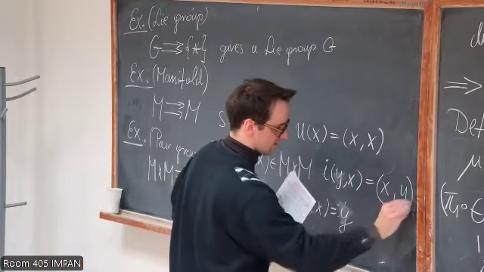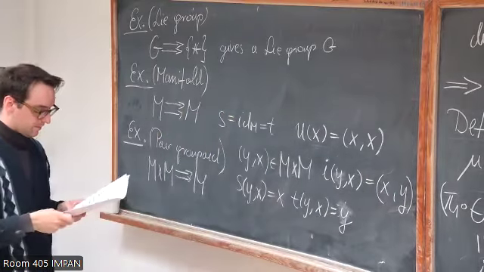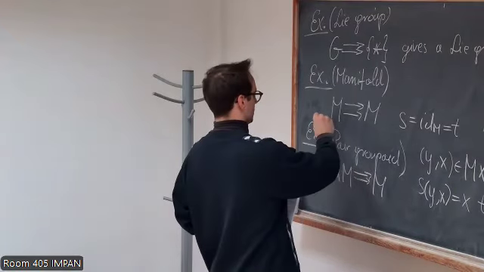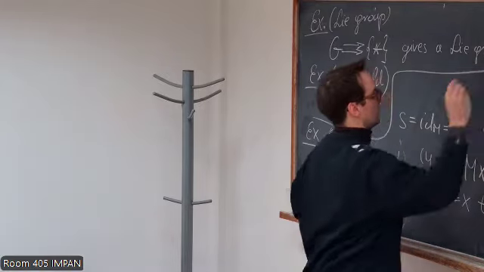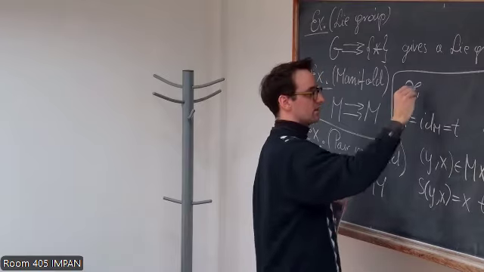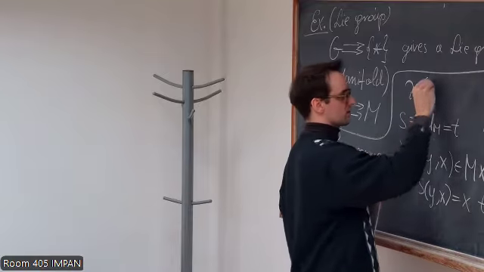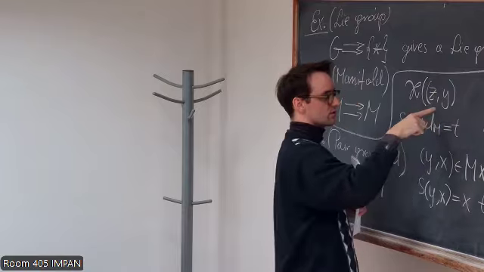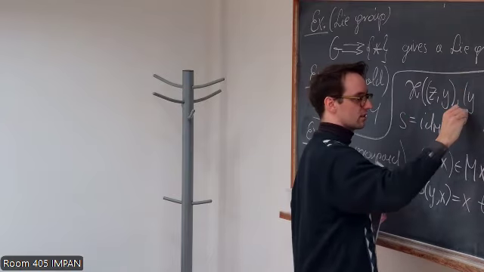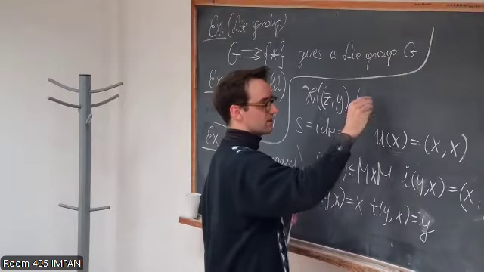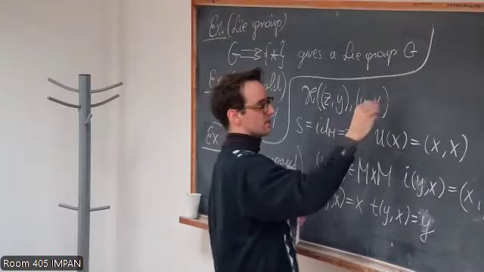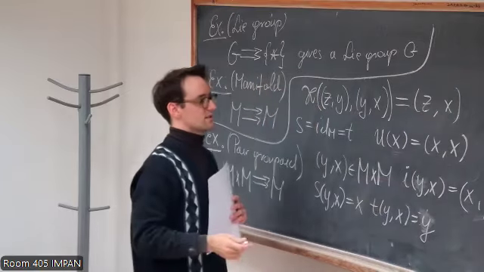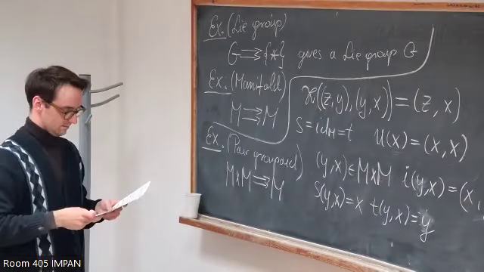is (x, y), and the composition is defined when the source of this is equal to the target of this, which is y in this case, and this is just (z, x).